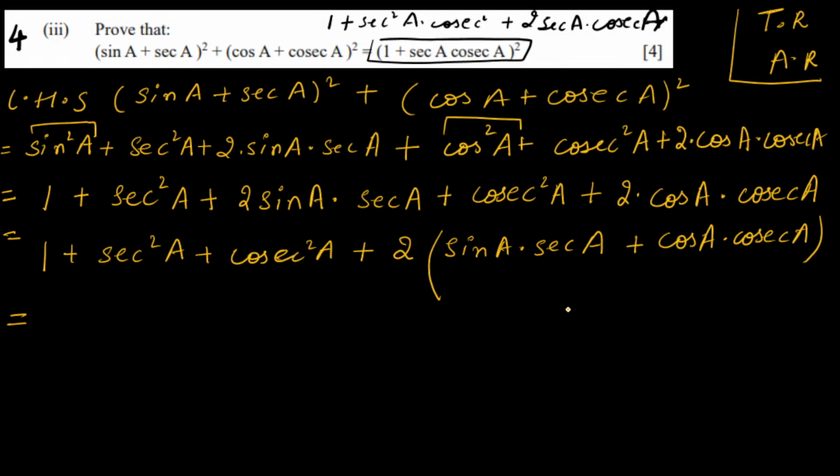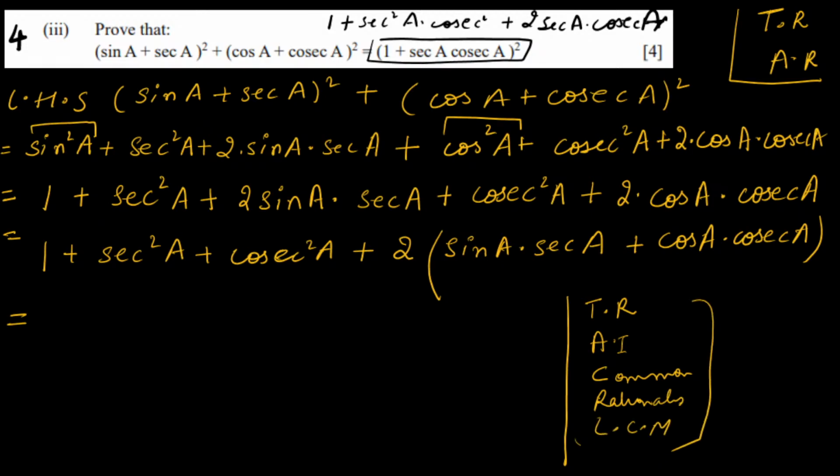See, I told you a few points. If trigonometric relations you can't apply, check for algebraic identities, taking out the common factors. Then LCM or rationalization I told you. So these were a few rules I told you.